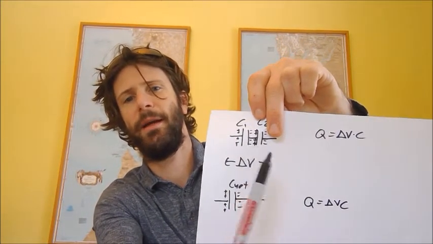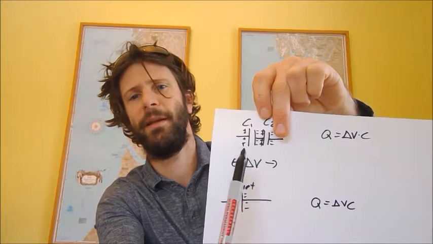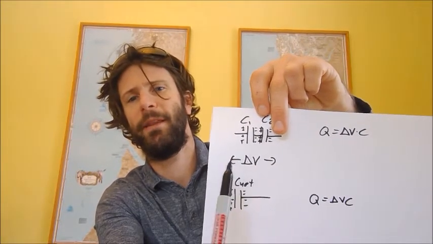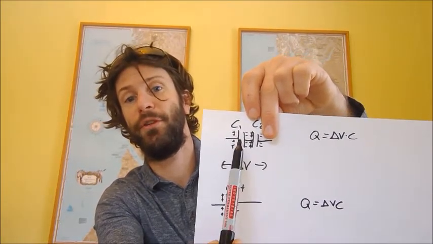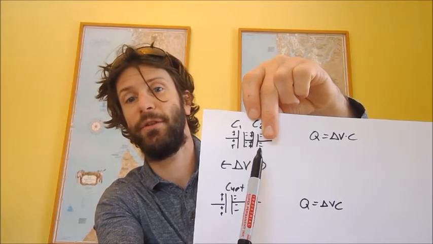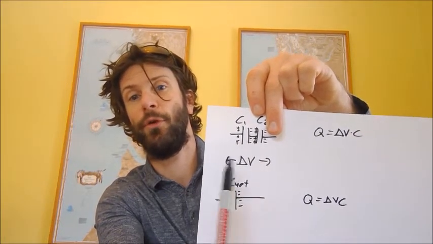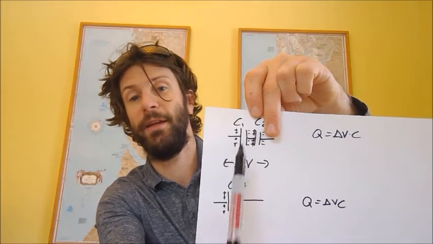Now, going up here, let's look at what's happening. I can break this voltage drop into delta V1 and delta V2. So the total delta V is delta V1 plus delta V2. Let's write that down: delta V equals delta V1 plus delta V2.